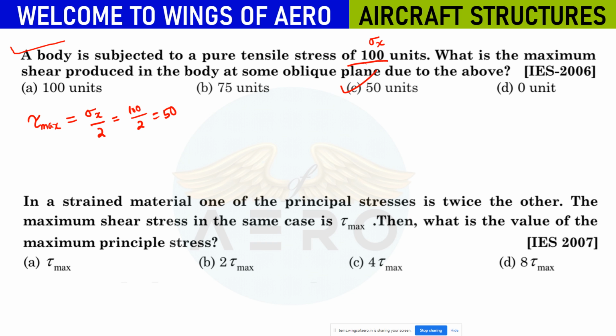Next question. In a strained material, one of the principal stresses is twice the other one. The maximum shear stress in the same case is tau max. Then what is the value of the maximum principal stress?